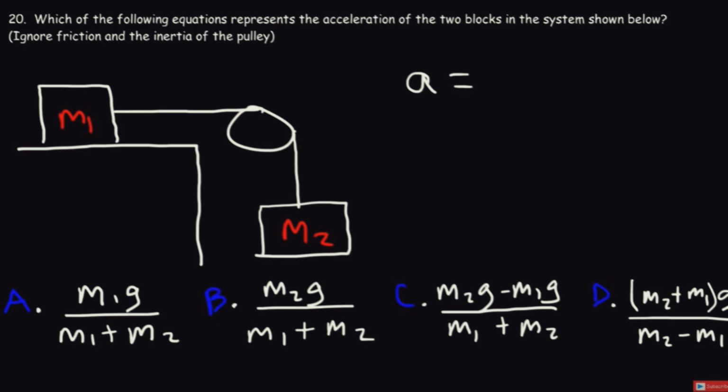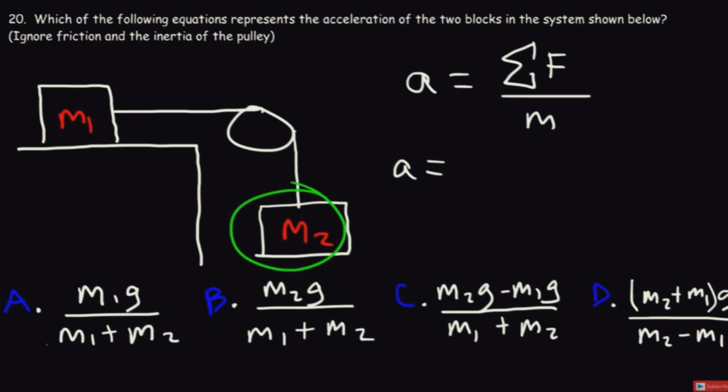So here is the easy method based on the second law of motion. We know the net force is the mass times acceleration. So acceleration is net force divided by mass. Now there is only one driving force for this whole system, and that is the weight force of block 2. The weight of block 2 causes the entire system to move in this direction.